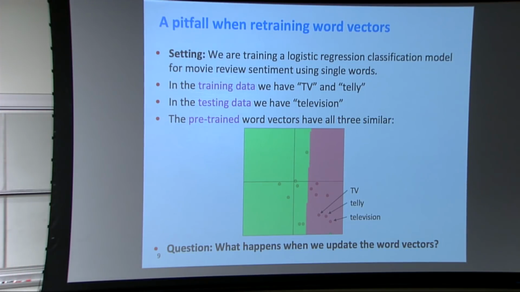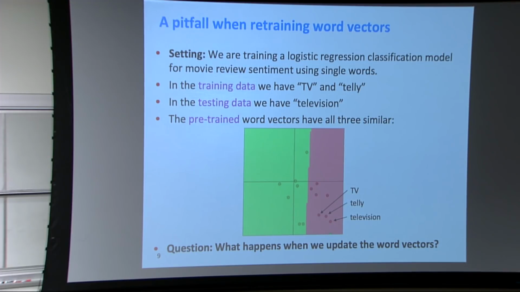So that's great, our word vectors are good. But suppose that in our training data for movie sentiment review, we had the words TV and telly, but we didn't have the word television.